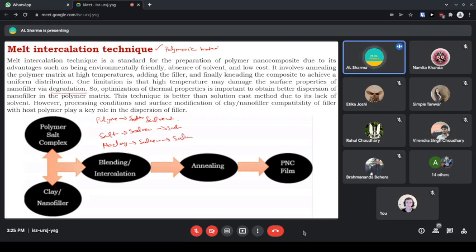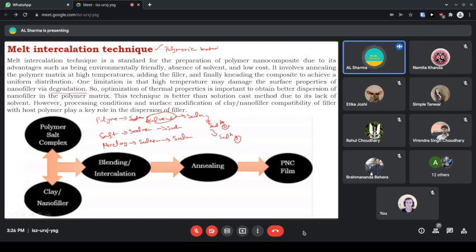So first you prepare the polymer solution, then you put the salt into it and make another solution. Thereafter you add the nano clay and prepare solution 3. So in solution cast techniques you have three steps for the three precursors.